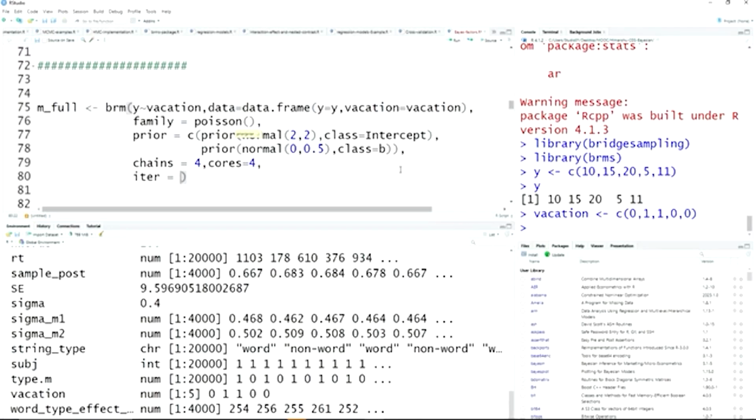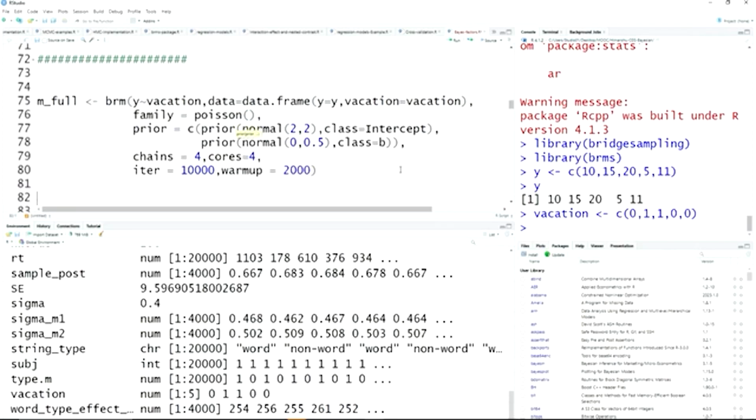More iterations are better for estimating the Bayes factor. We saw this in Monte Carlo integration as well: we had to take around 5 lakh samples, much more than what we typically have for posterior estimation. So I would recommend increasing the number of iterations to at least 10,000 or even 20,000, not less than that. Warm-up could be lower, let's say 2,000, because it's a simple enough model.